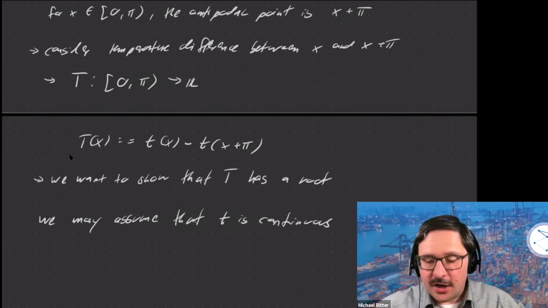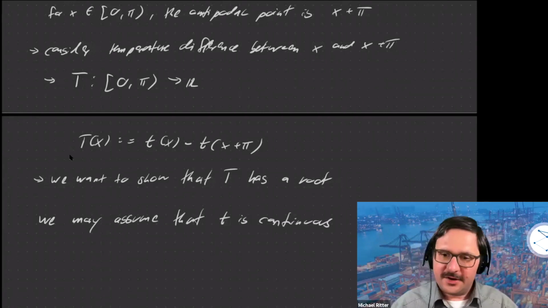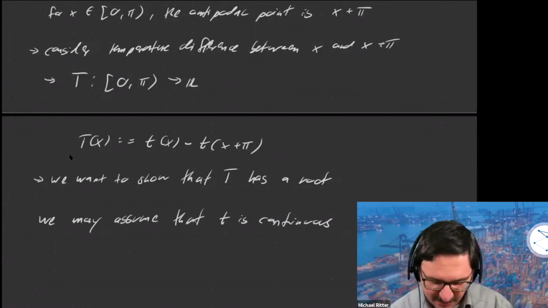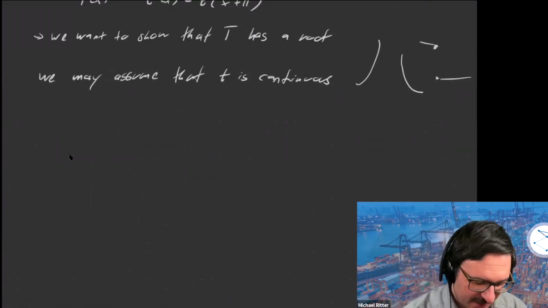And that does not mean that rapid temperature changes could not happen. They can happen. It's just that there cannot be a jump, right? So there may be a rapid rise in temperature like this, or a rapid fall in temperature, but there's nothing like this. That's the whole point here.